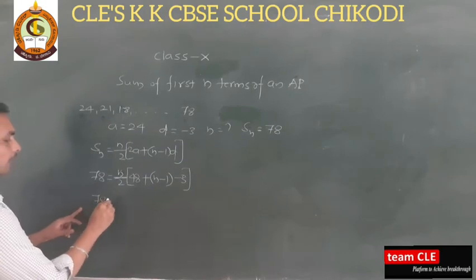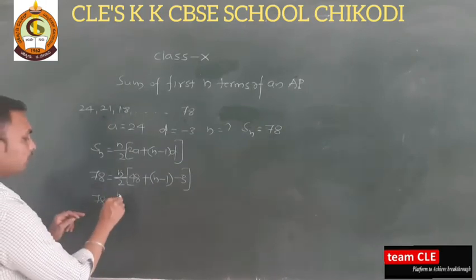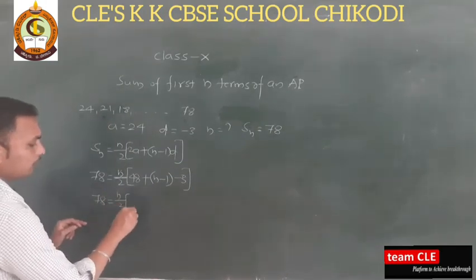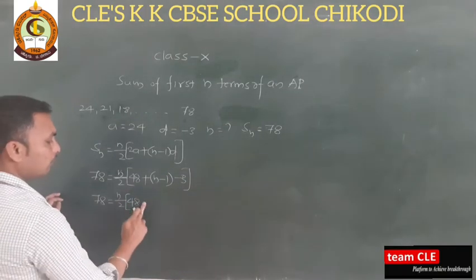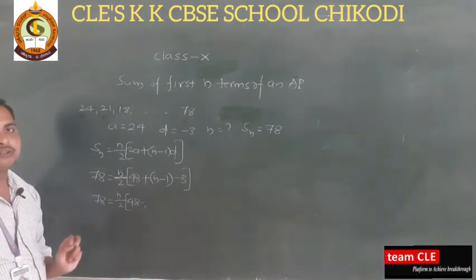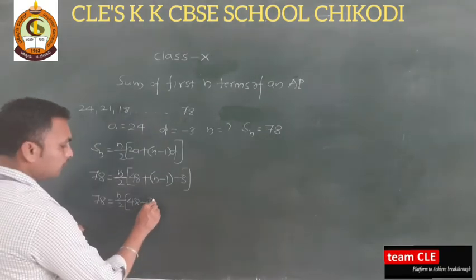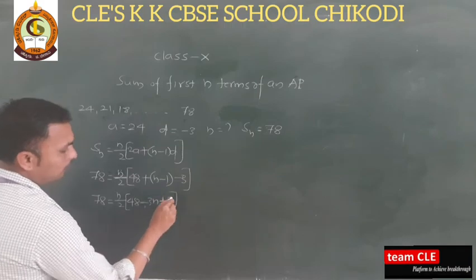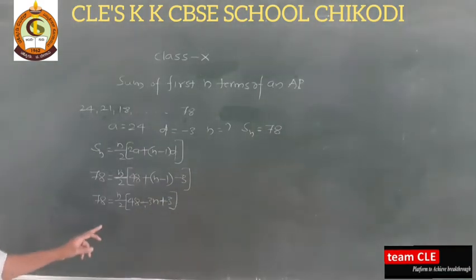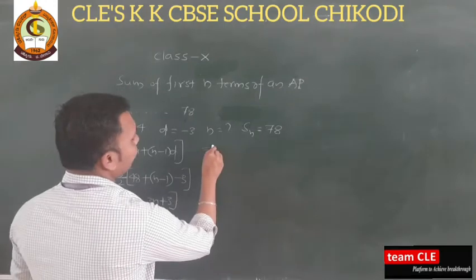Okay. Now next. So 78 as it is. Now this n by 2 is also as it is, into bracket of 48 as it is, plus. So we will get minus n into minus 3 is minus 3n, and this we will get plus 3. Okay. Now once you got this, I'll go with the next step.